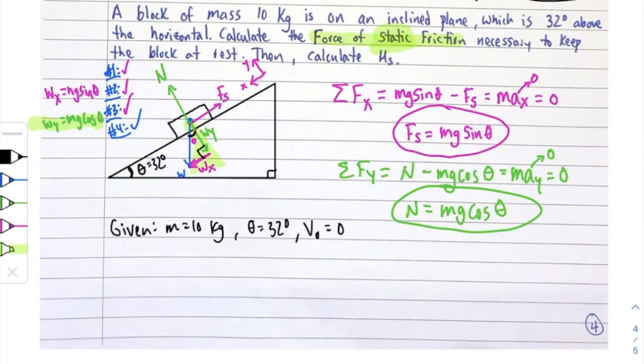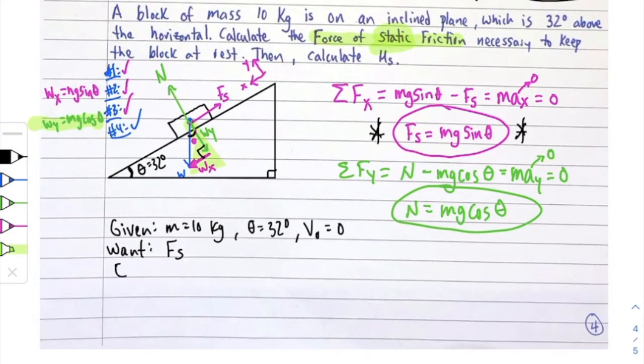All right. So for one, calculate the force of static friction. We want F sub S. Well, we don't have any kinematics equations from back in the day for an F sub S. So hopefully our step 4 equation's right here. And look at that. We have the Fs equation right there we came up with.